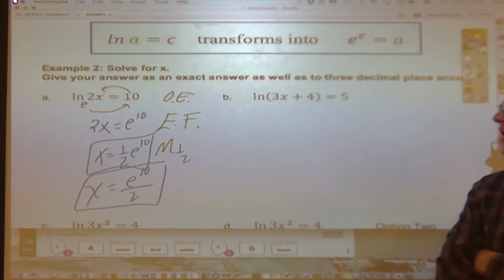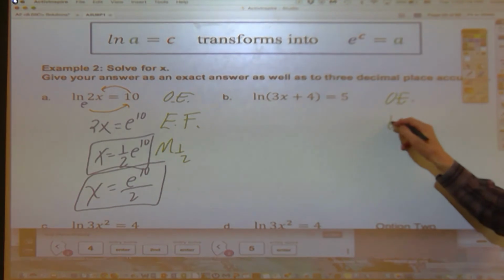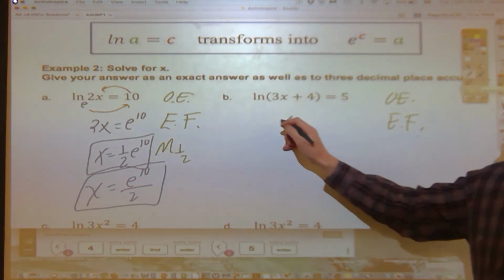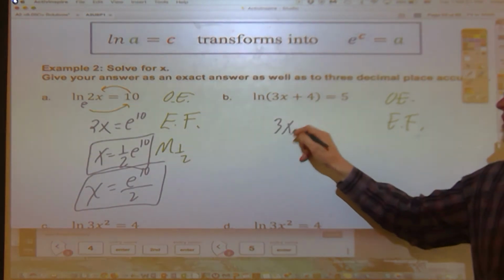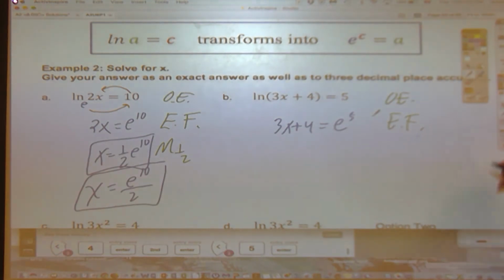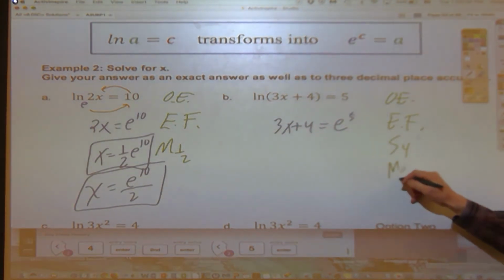All right, Jack, could you tell me what you would get for exponential form on letter B? 3x plus 4 equals 8. E to the 5th power is correct. So we're going to finish up by doing an S4 and M1/3.